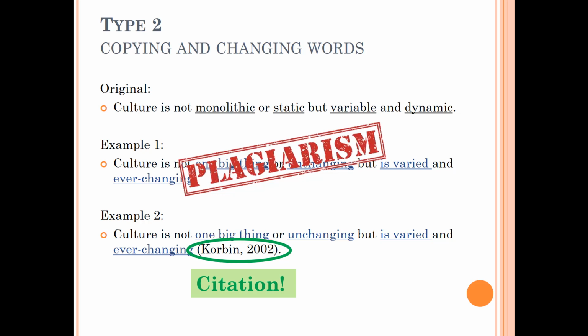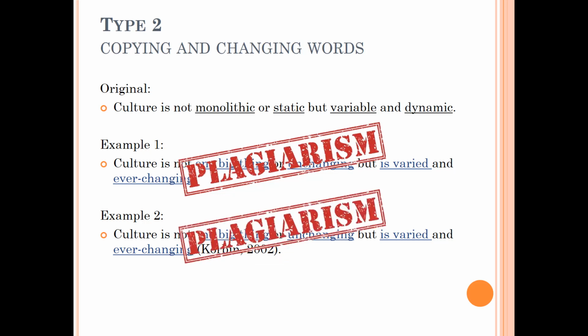And a reader, on the other hand, would look at the sentence and think that it was written by the author just using the ideas of the source. But in this case, it's pretty much the same sentence, her words, just with the words switched out. So technically, it is plagiarism.